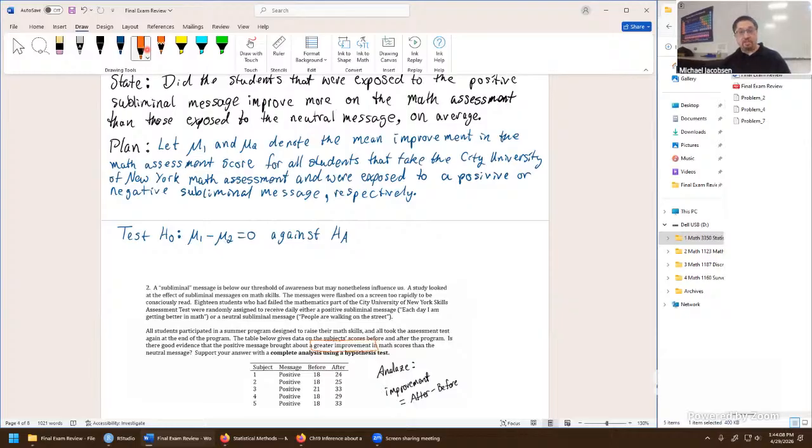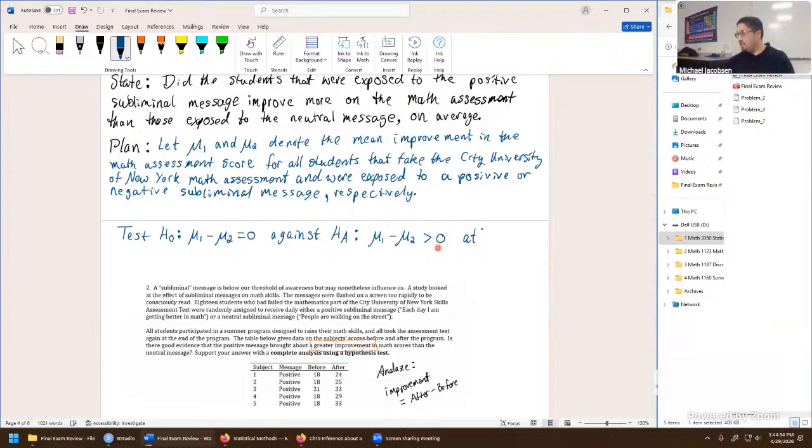That means it's not a two-tailed test. This is a single direction. Greater improvement in this situation would mean mu1, the positive subliminal message, is larger. So you could write mu1 minus mu2 greater than 0. Mu1 is larger than mu2, the difference is positive. So a right-tailed test on this one.